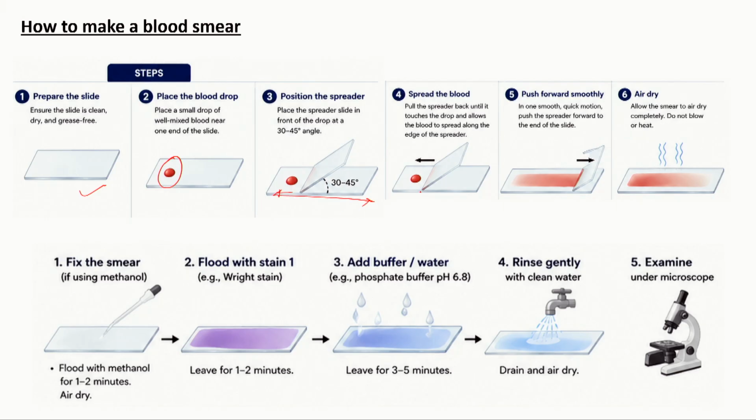So the blood is touched and spread, and then we pull it forward. In that way we can create a smear of the blood. That is what we call a blood smear.